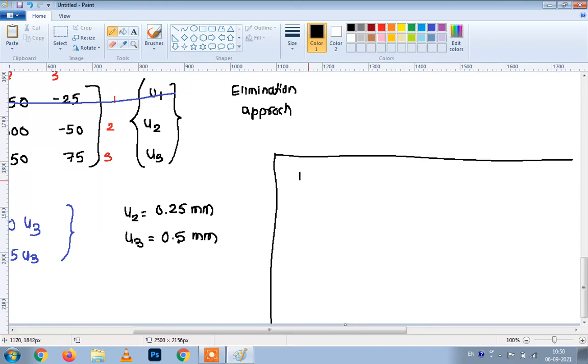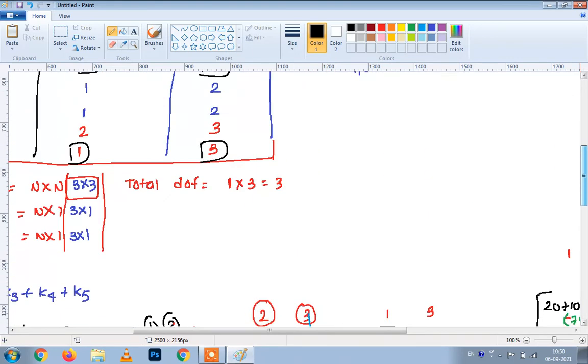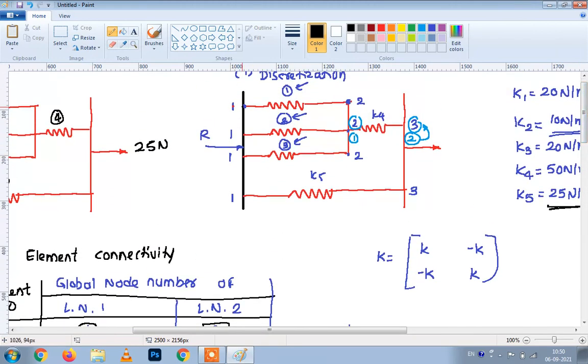As spring number 1, spring number 2 and spring number 3 are connected such that their node points are similar, they are connected between nodes 1, 2, 3. So how do we find out the deflection? It will be simply the displacement at node number 2 minus the displacement at node number 1.